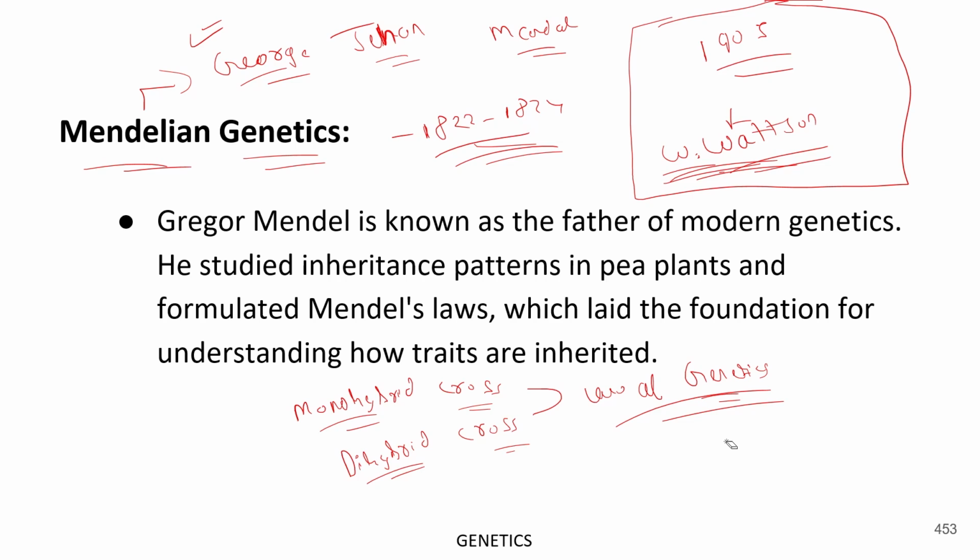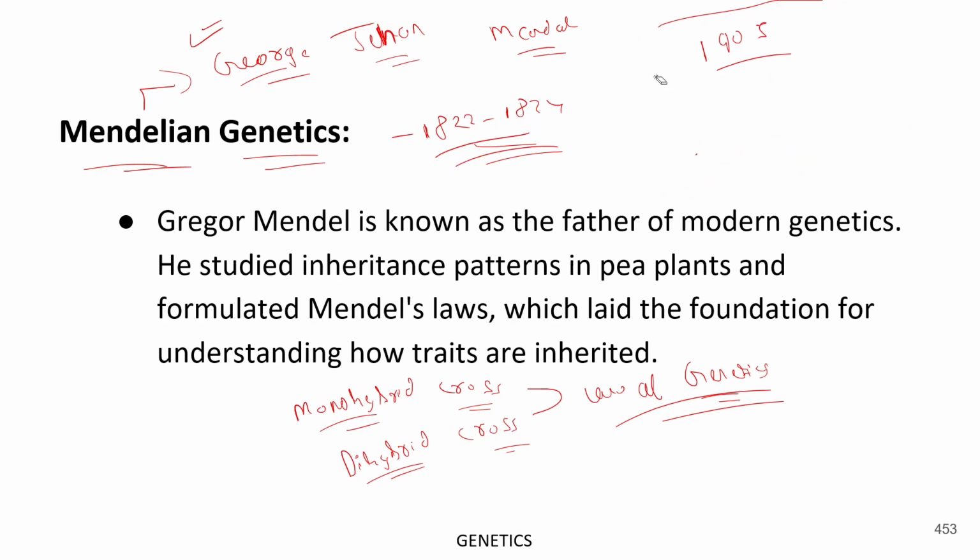Now come to the point again. It was the years 1822 to 1824. In total, two years he spent on experiments, basically known as the study of inheritance patterns in pea plants, which gives Mendel's laws, also known as the laws of genetics. So why was he doing it? What was the motive?